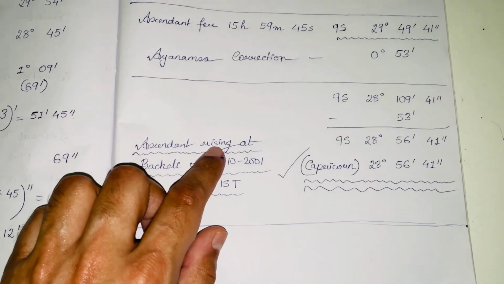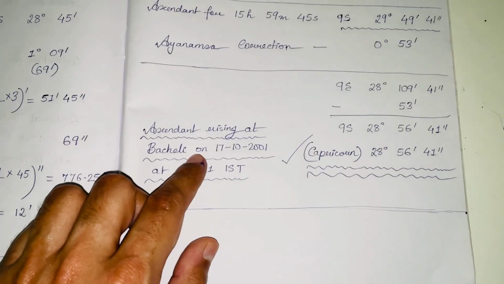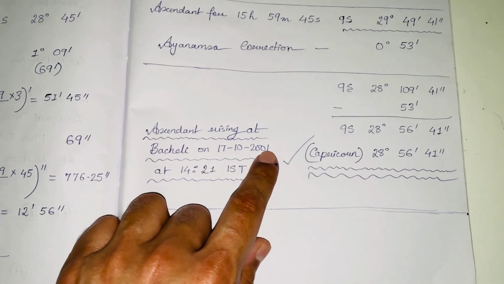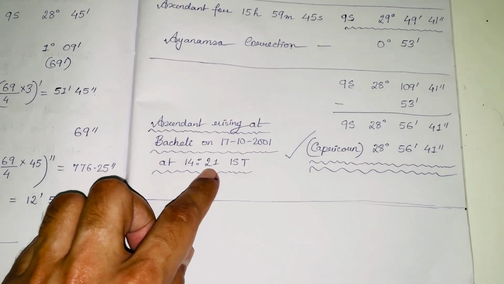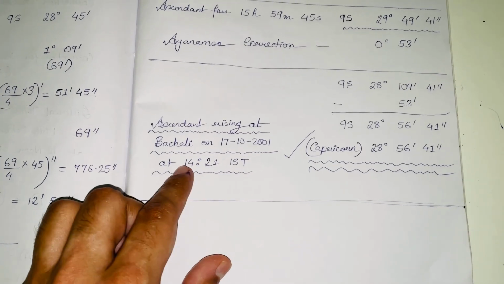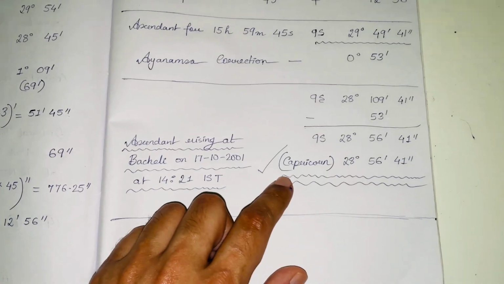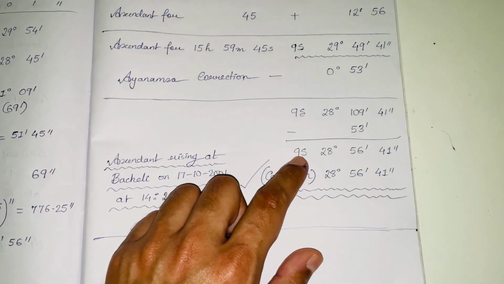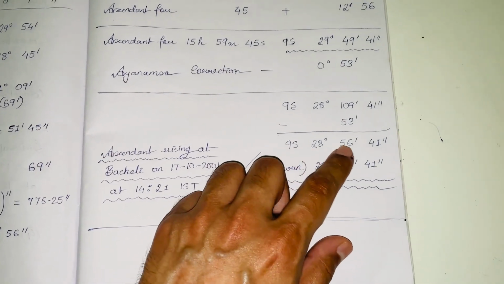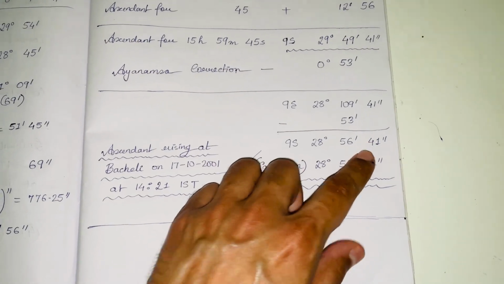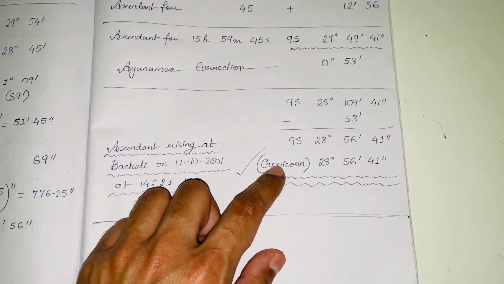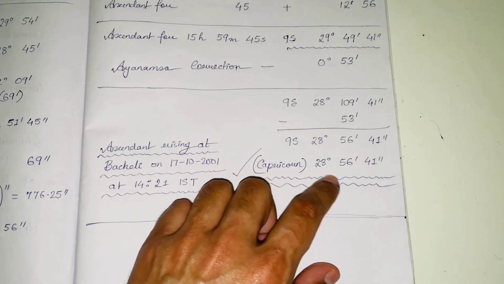Ascendant rising at Bacheli on 17th October 2001 at 2:21 PM IST, or 14:21 IST, is 9 signs past 28 degree 56 minute and 41 second, or you can say Capricorn 28 degree 56 minute and 41 second.